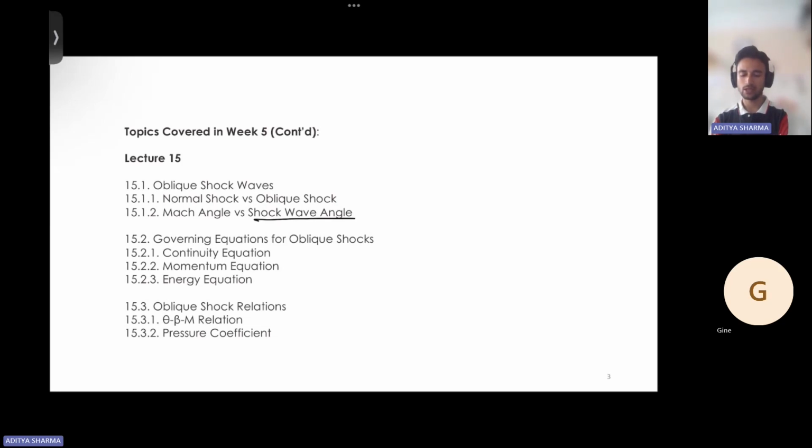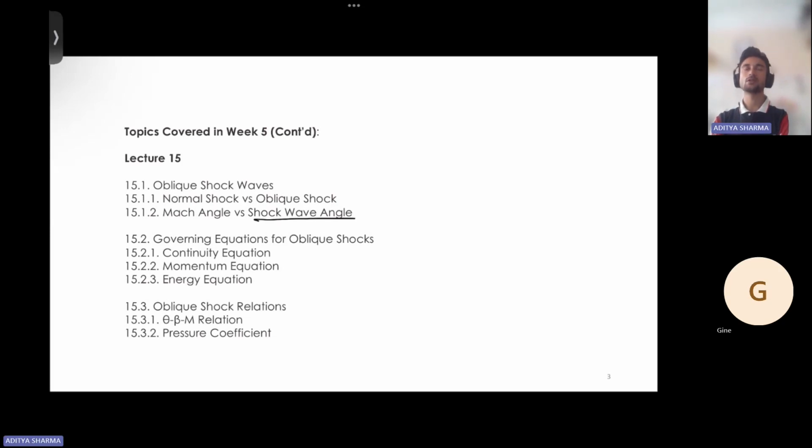And then there is the last topic, pressure coefficient. In lecture 15, a formula has been given for pressure coefficient. Pressure coefficients are important when we are studying aerodynamics, or fluid mechanics for that matter.